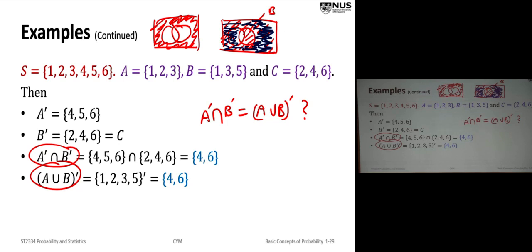This is very important because sometimes it's very difficult to look at A complement and B complement and then take the intersection. On the other hand, it may be easier to look at A union B and then take the complement. Or maybe the other way around. So this relationship between the two is very useful.